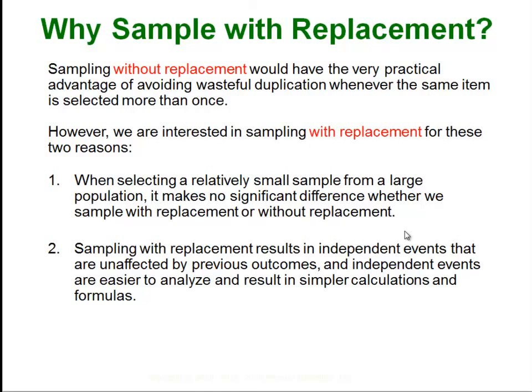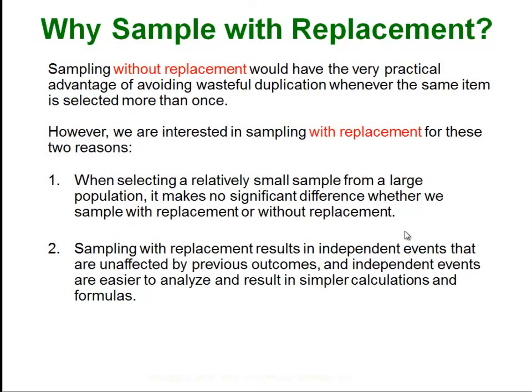So if we're selecting a very small sample from a very large population, sampling without replacement makes no real significant difference on those probabilities. So we can technically fudge the numbers and not worry about it. Sampling with replacement also results in independent events so that those probabilities are maintained. So that's really why we want to sample with replacement.